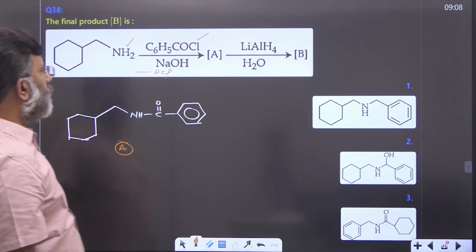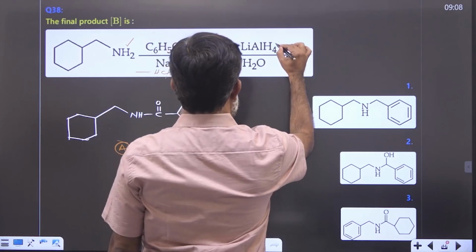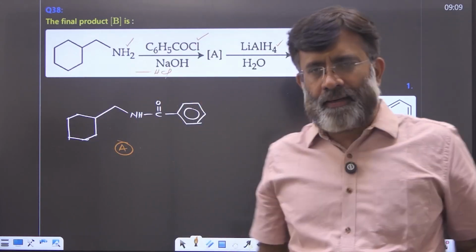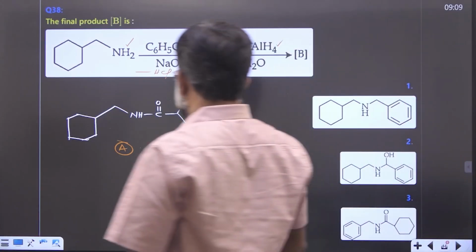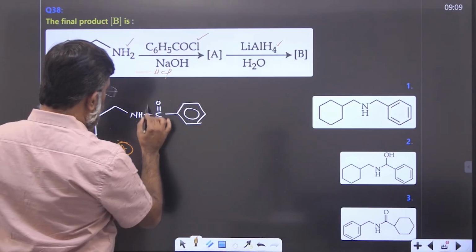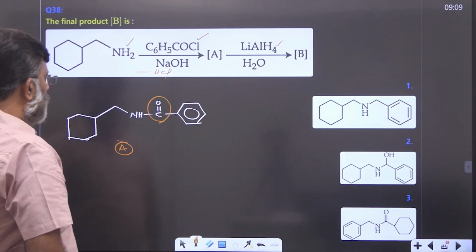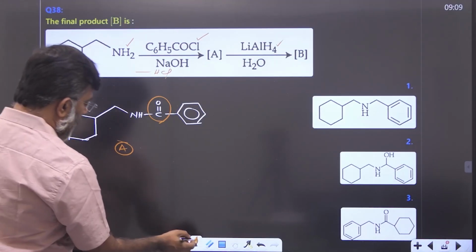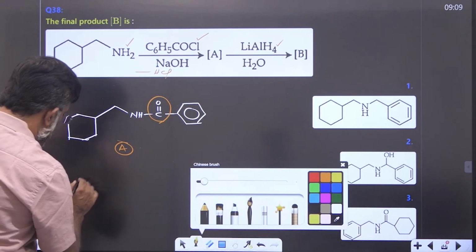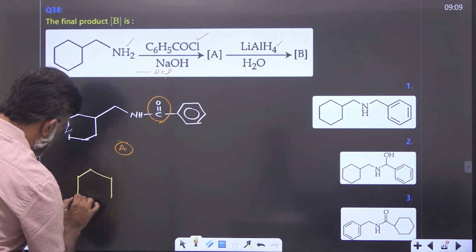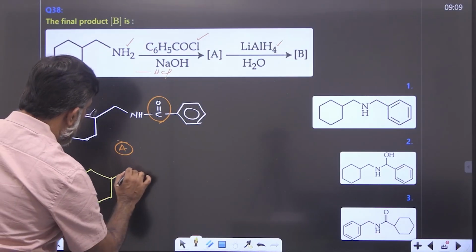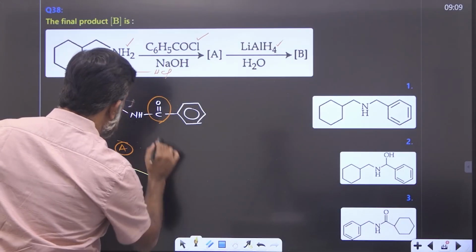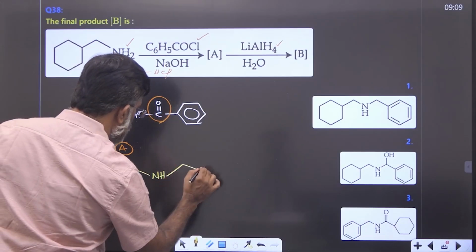Okay. Now this is reduced with lithium aluminum hydride. And what is the reduction? Lithium aluminum hydride converts this group to a CH2 group, and the final product B will be: you have a cyclohexane ring here, and you have NH here, and this will turn CH2.